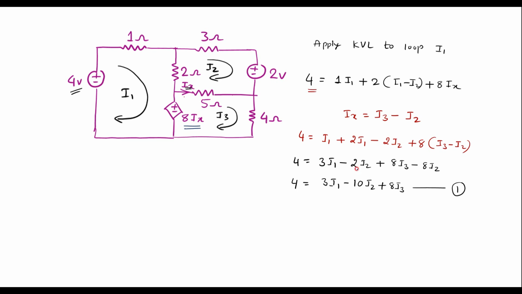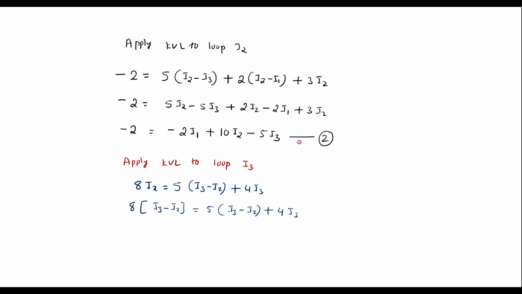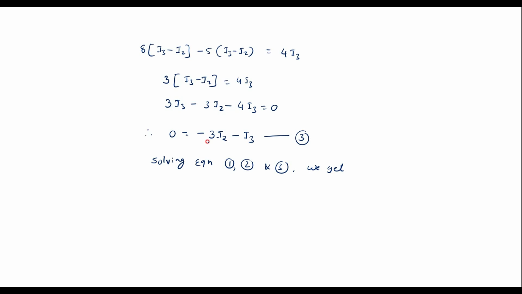In equation 1, the coefficient of I1 is 3, the coefficient of I2 is minus 10, the coefficient of I3 is 8, and the value is 4. Similarly, in equation 2, the coefficient of I1 is minus 2, of I2 is 10, of I3 is minus 5, and the value is minus 2. In the third equation, the coefficient of I1 is 0, of I2 is minus 3, of I3 is minus 1, and the value is 0.